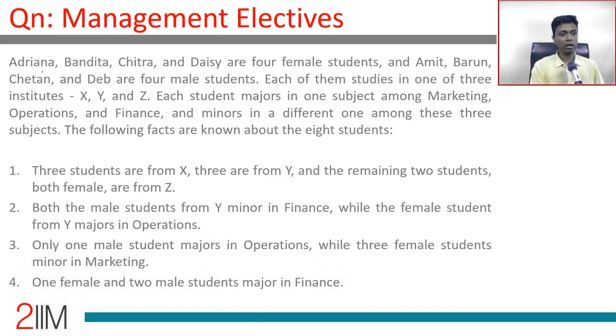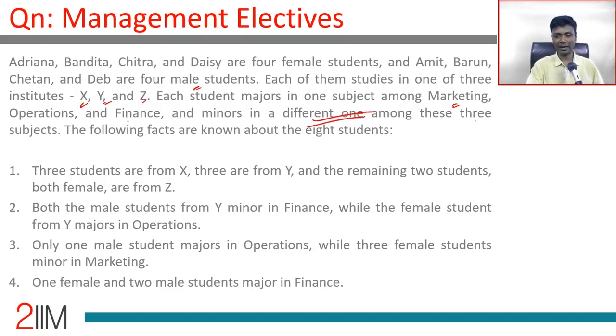Right? Let's read this. Adriana, Bandita, Chitra, and Daisy are 4 female students. Amit, Barun, Chetan, and Dev are 4 male students. Each of them studies in one of 3 institutes, X, Y, and Z. Each student majors in one subject among marketing, finance, and operations, and minors in a different one.